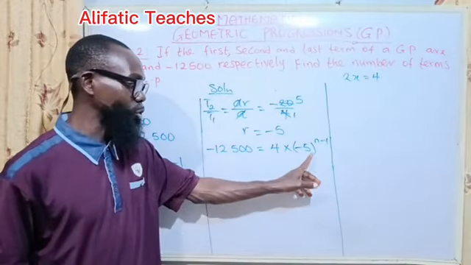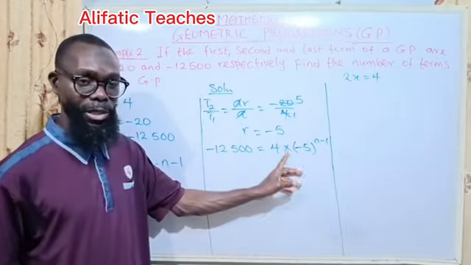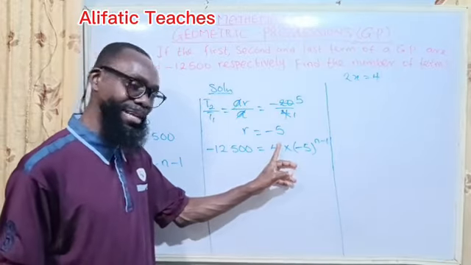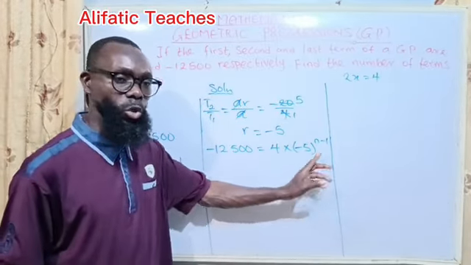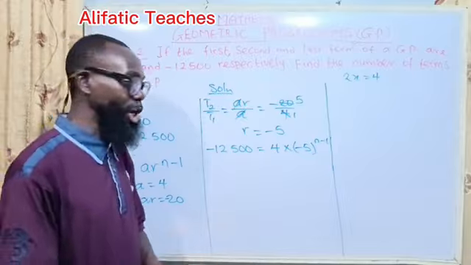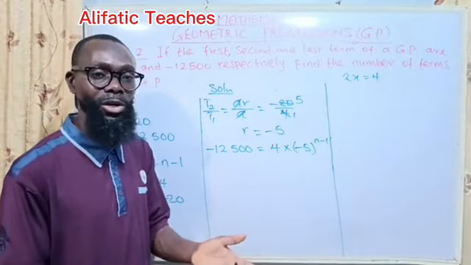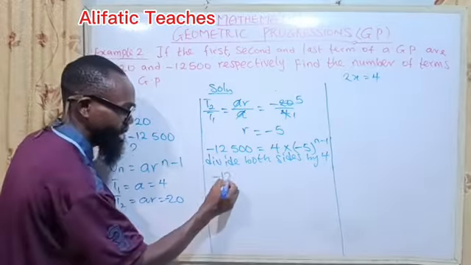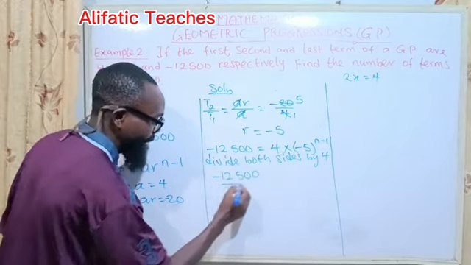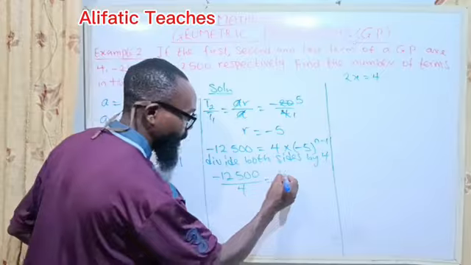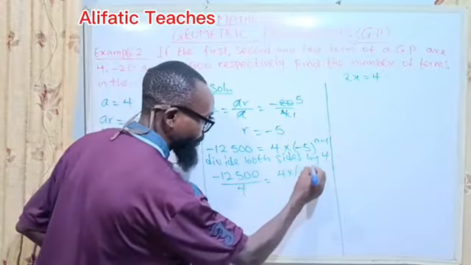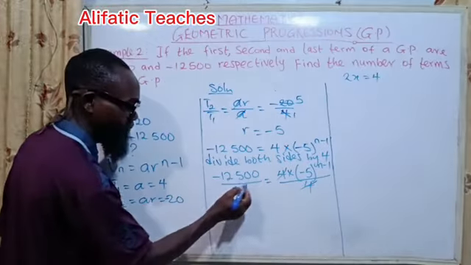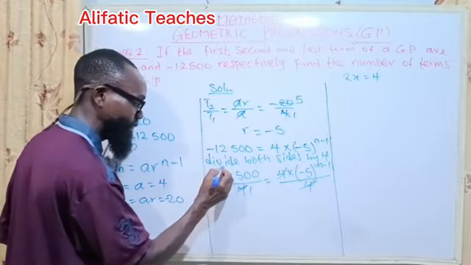Now the first thing is, let me find a way of taking away this 4. This 4 is joined to this one by multiplication. Why am I taking this 4 away? Because 4 does not have power of n like this minus 5. So I have to take it away, and the opposite of multiplication is division. I have to divide both sides by 4. Minus 12,500 divided by 4 equals 4 multiplied by minus 5 power n minus 1, divided by 4. 4 cancels 4. 4 goes in 12, we have 3.